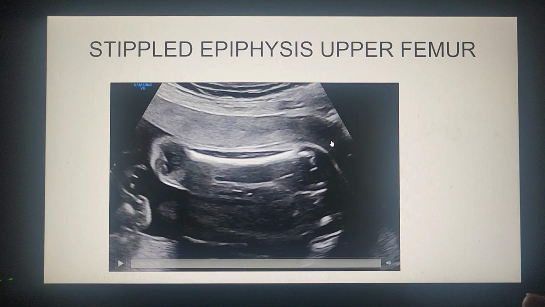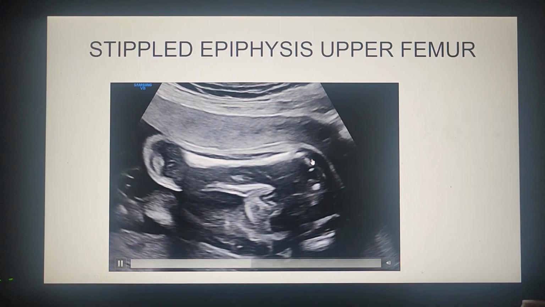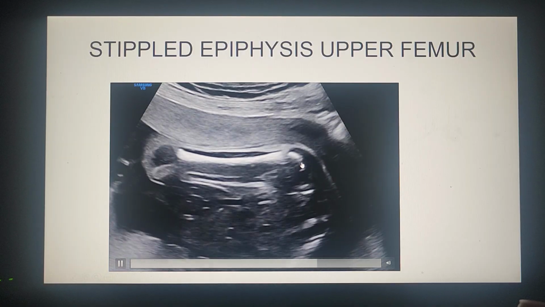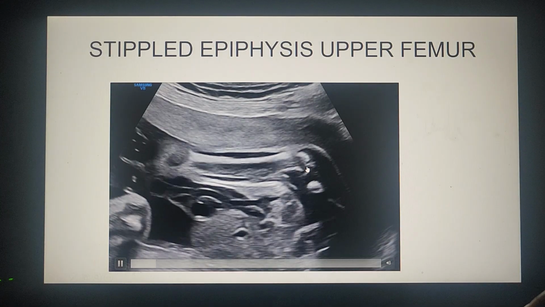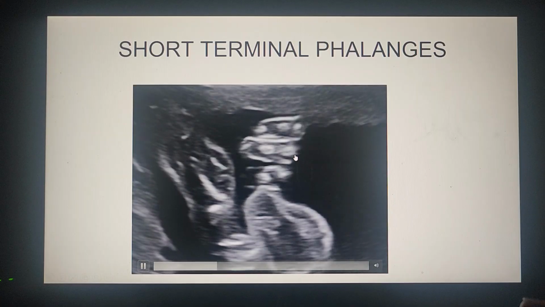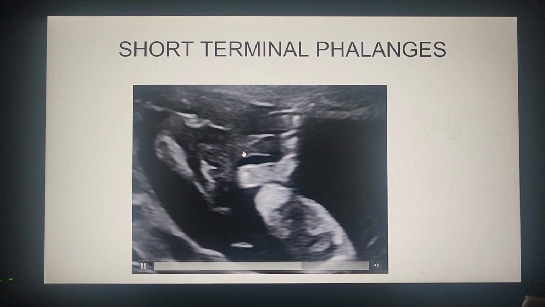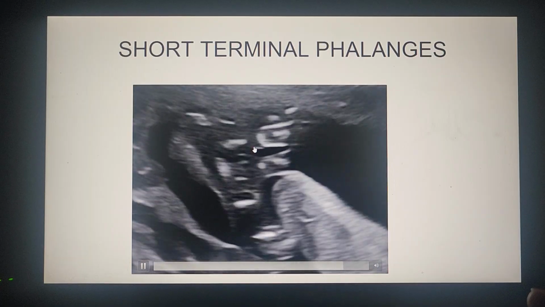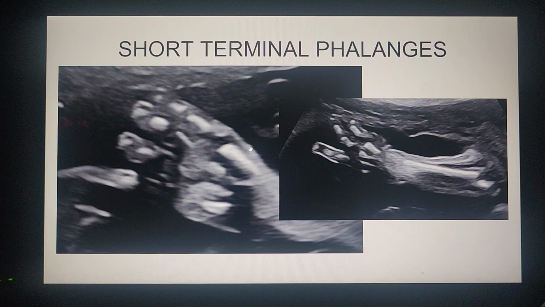Now you will see the femur, which also shows premature ossification of the upper epiphysis of the femur. Now you have a picture of the fingers showing classical hypoplasia of the terminal phalanges. Compare it with the middle phalanges and you can appreciate that it is very short. So here you have the middle phalanx, that's the terminal phalanx.